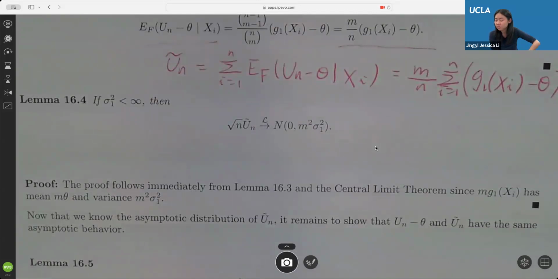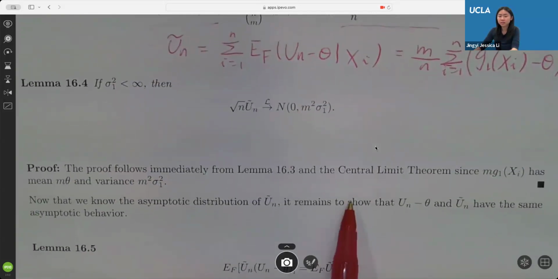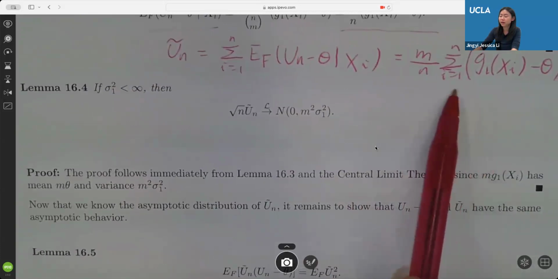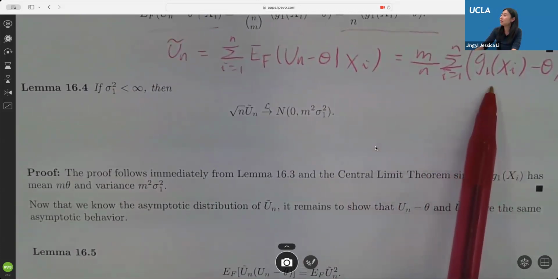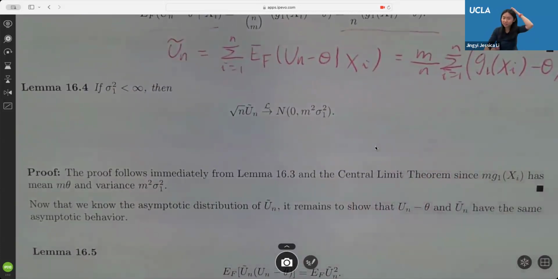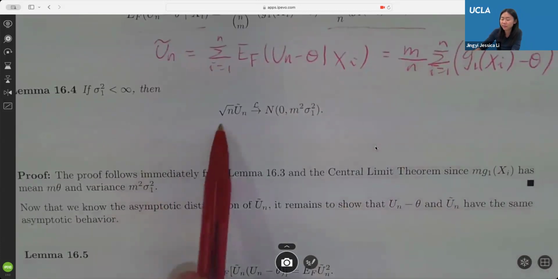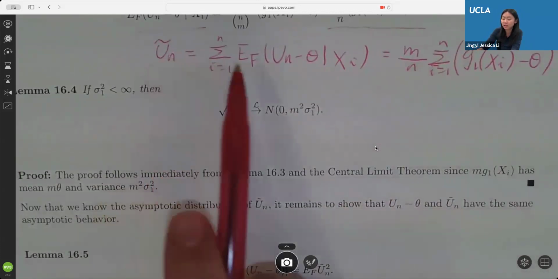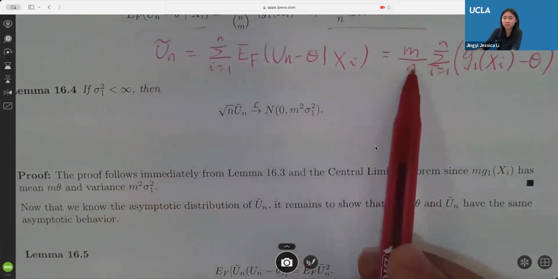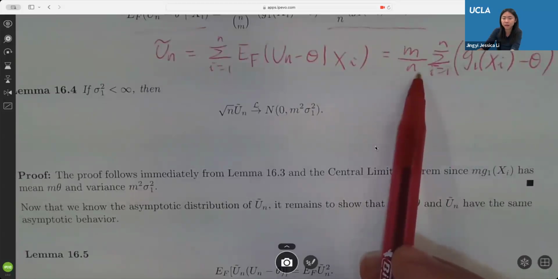So this is a result by applying the central limit theorem to this, right? Because it's a sum of IIDs, G1 xi, right? The xi's are IID. And by multiplying root n here, I can have cancellation of n on the right hand side.